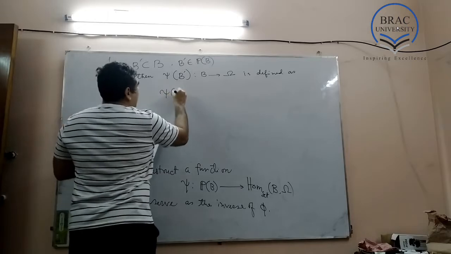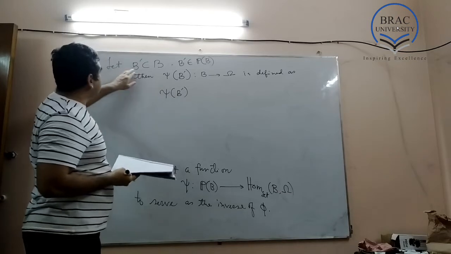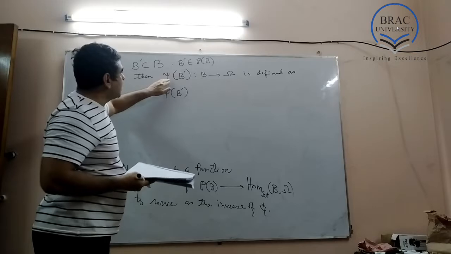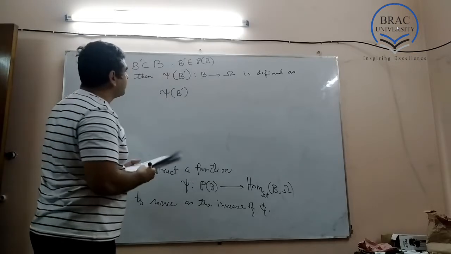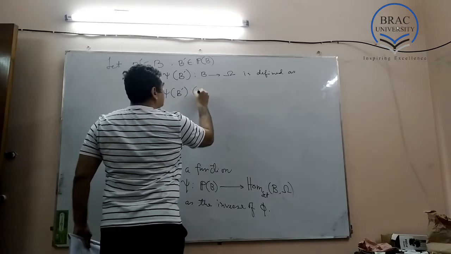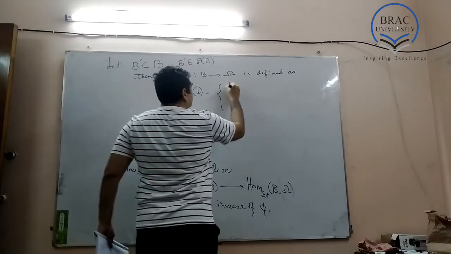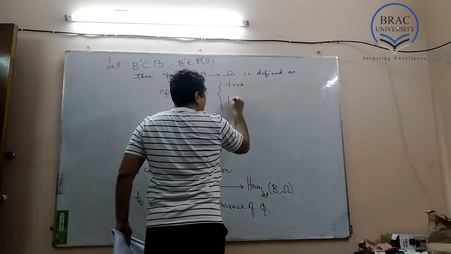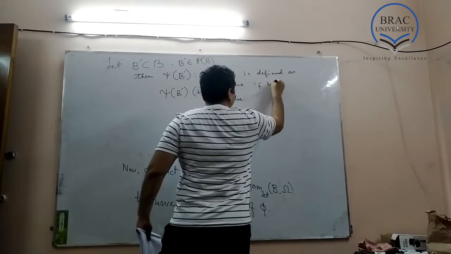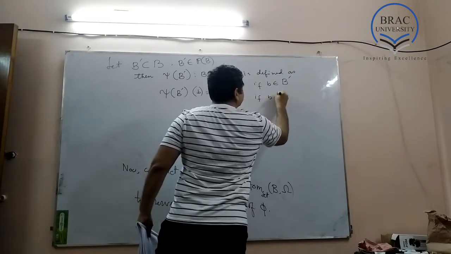So psi of B prime. We have to be given this subset a priori, okay? And given that subset, we can construct this function psi associated with that subset, which after acting on b will either spit out true or false, depending on if b is in B prime or not, respectively.